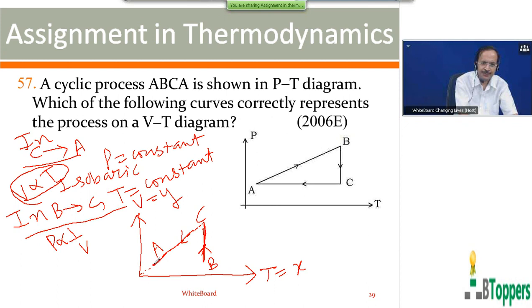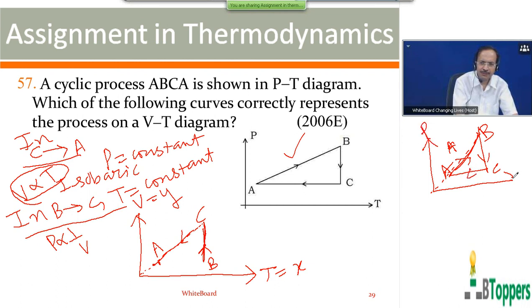So in the process A to B, the given graph has to be drawn more clearly this way. In your notes, if you can draw this way, so that the line AB in the given graph supposed to pass through the origin when produced.